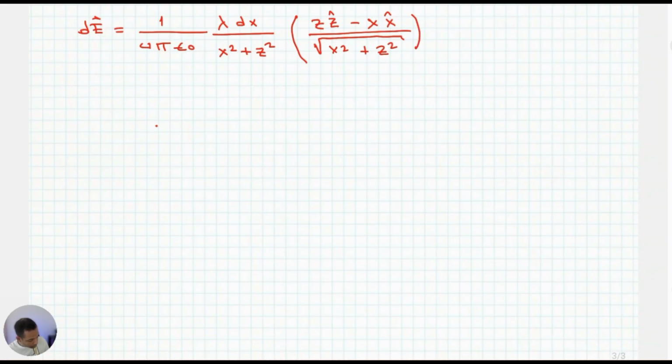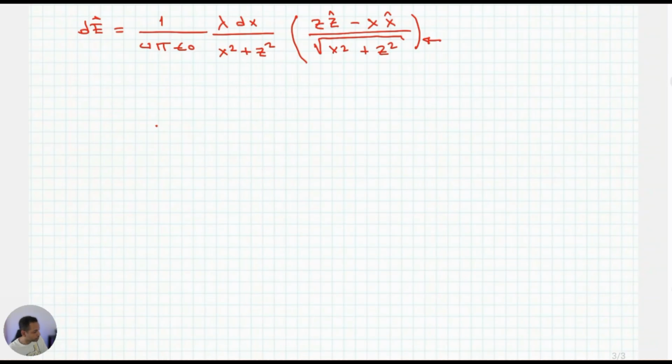What I did here is just replace r squared by s squared plus z squared. So it's the same expression, but as a function of x and z, because we already have those expressions here, so we want to do some algebra with them. So that's why I just replace it.